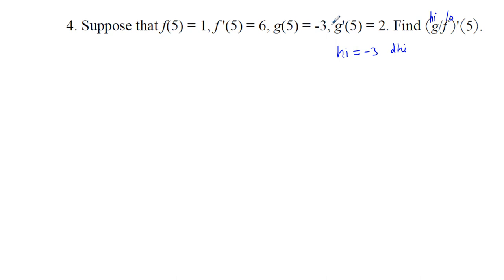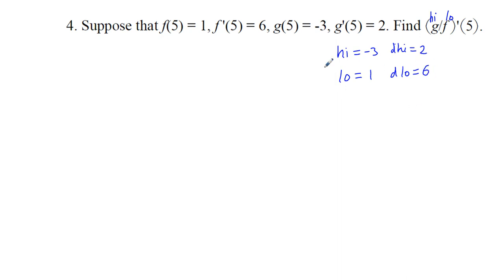And where do we see that? Here, g prime of 5 equals 2. Our low, f of 5, there it is, f of 5 equals 1, and d low is equal to f prime of 5. And where do we see that? Right here, f prime of 5 equals 6.